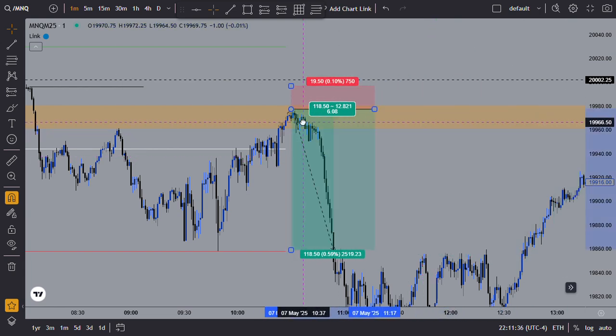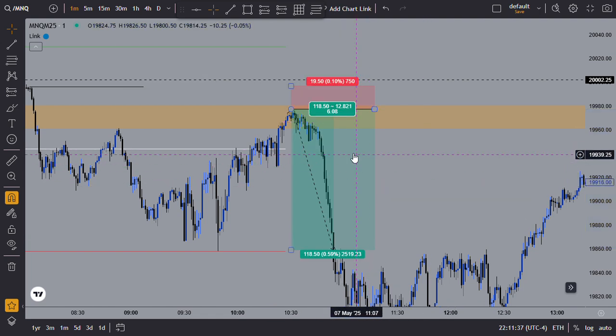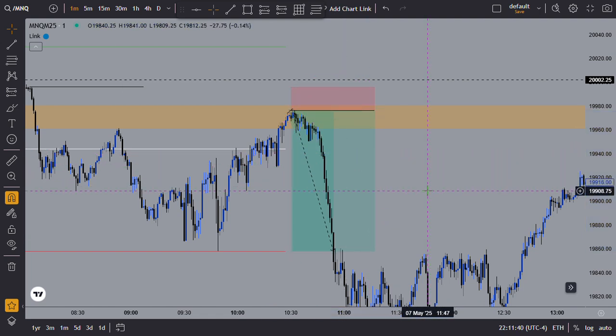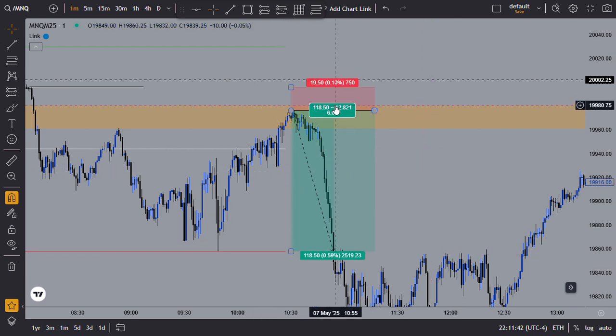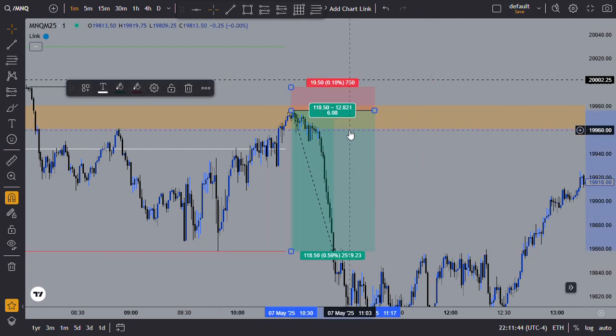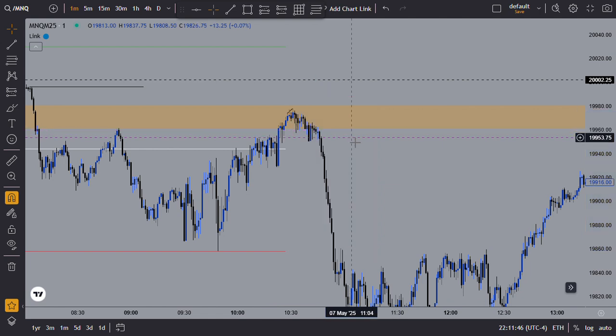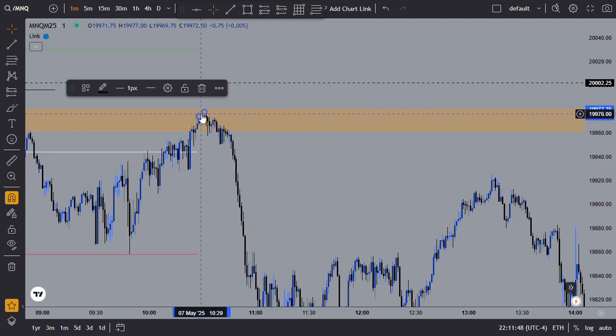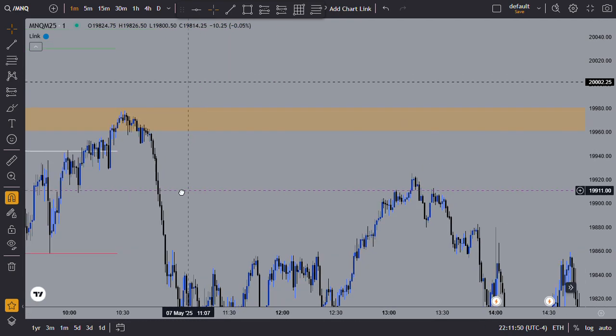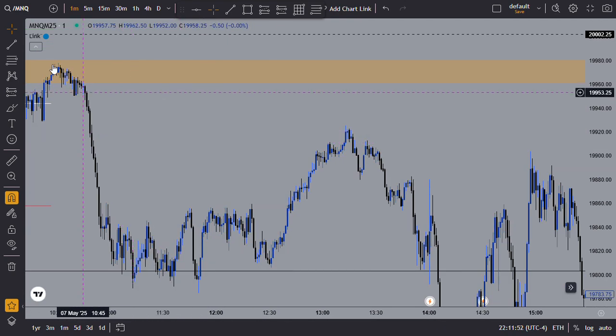So my limit got filled around here. TP was here, basically breaking the fractal from top to bottom. I can't believe I completely forgot about that. But that little SMT gave me so much confirmation within an internal range to take this trade.